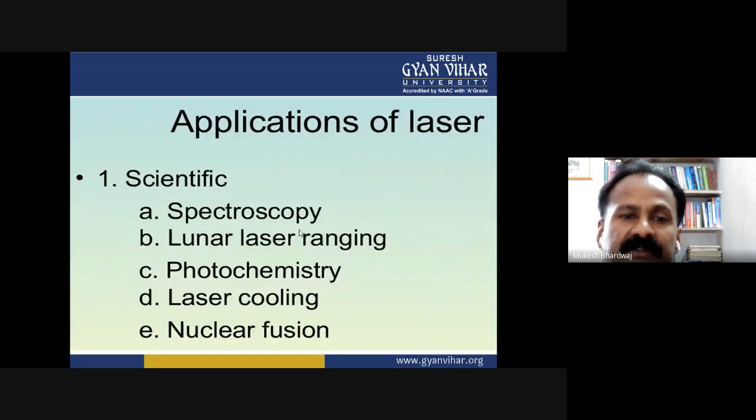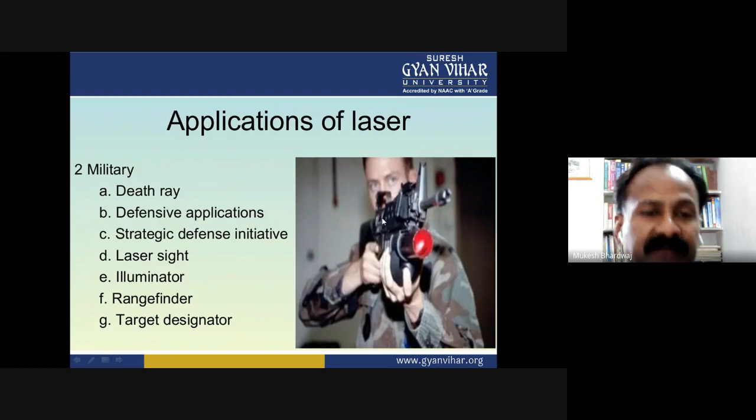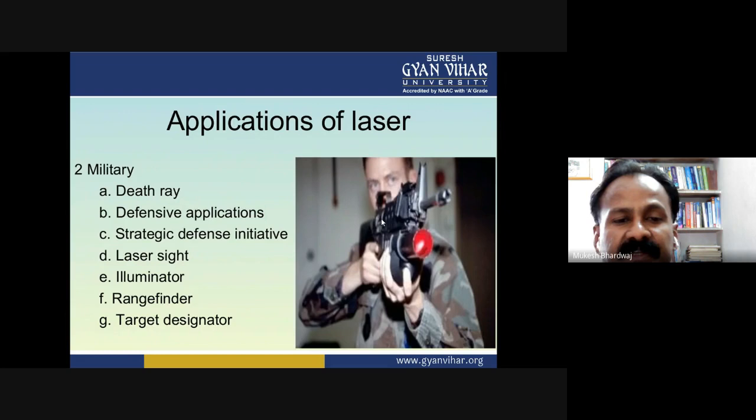Applications of laser in scientific purposes: spectroscopy, lunar laser ranging, photochemistry, laser cooling, nuclear fusion. In military: death ray, defensive application, strategic defense initiative, laser sight, illuminator, range finder, target designator.